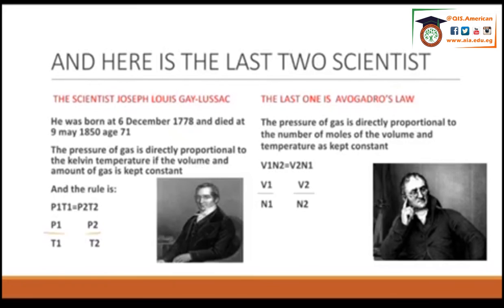The pressure of a gas is directly proportional to the Kelvin temperature if the volume and the amount of gas are kept constant. And the rule is P1 over T1 equals P2 over T2.